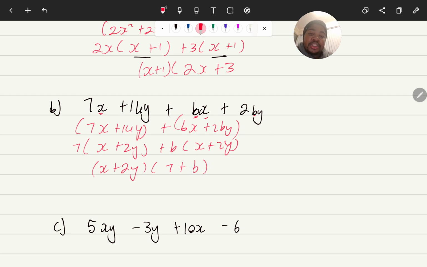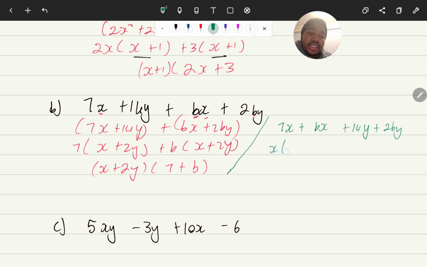I just wanna test a different way of grouping it. Say I group it with this xx and bb. Ne? So I have 7x plus bx plus 14y plus 2by.